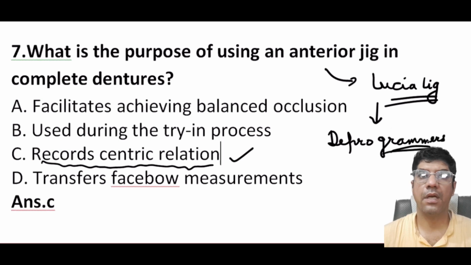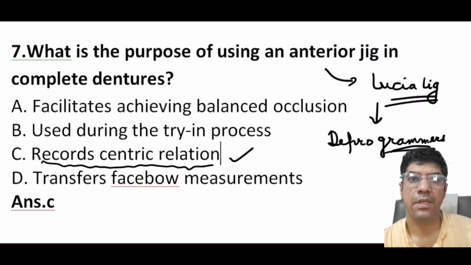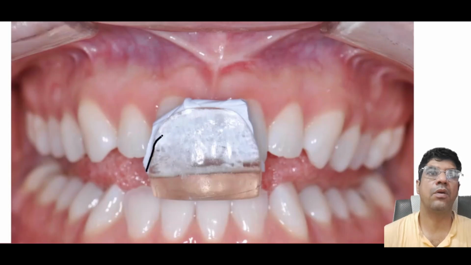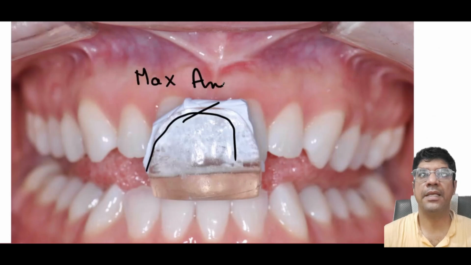That is used to record the centric relation of the mandible. It is a small, typically acrylic appliance that is placed on the maxillary anterior teeth.